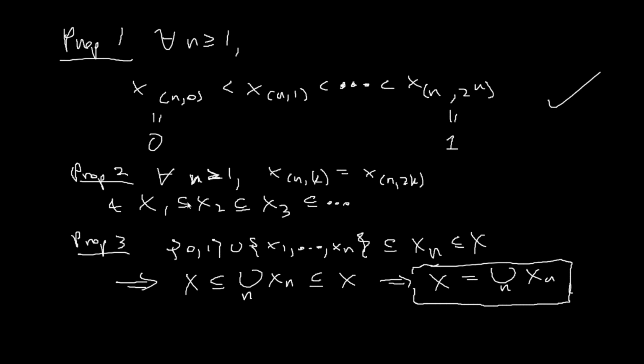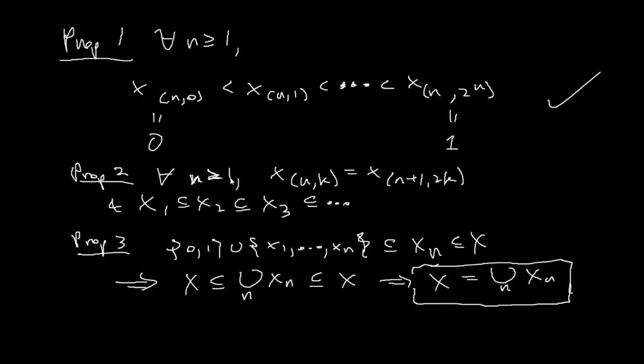Proposition 2, for all n greater than or equal to 1, xn comma k is equal to, there was a typo here, apologies for that.